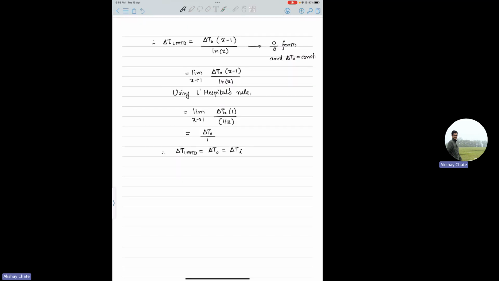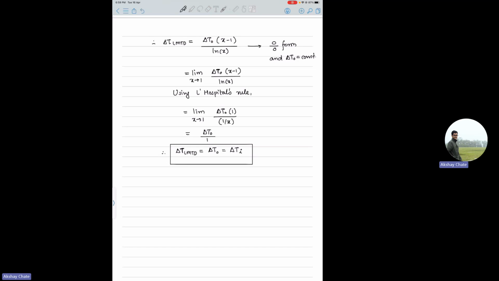So you end up with a condition which says that your logarithmic mean temperature difference is equal to your temperature difference at the inlet as well as at the outlet. And what it means is the temperature difference remains constant throughout the length of your heat transfer tubes or pipes.